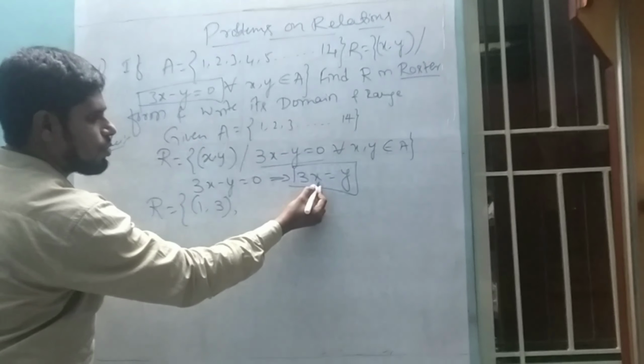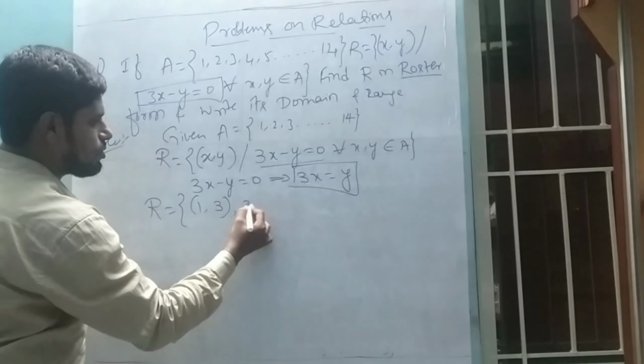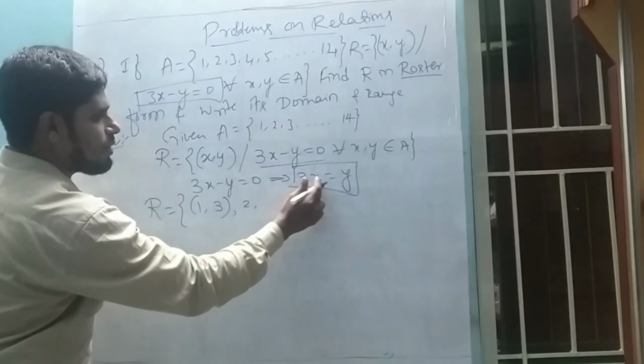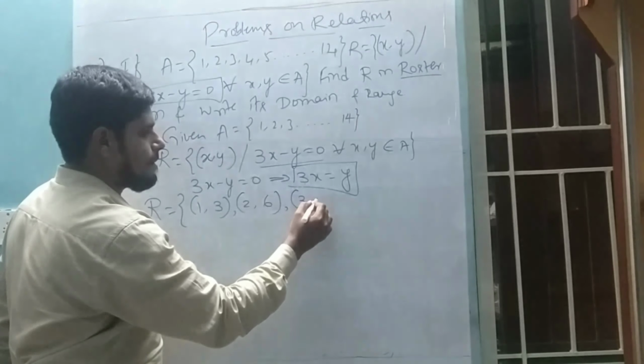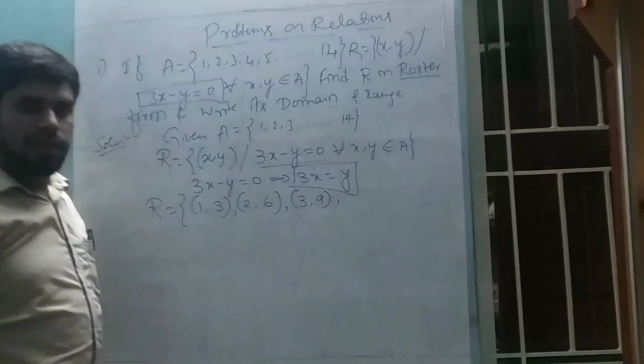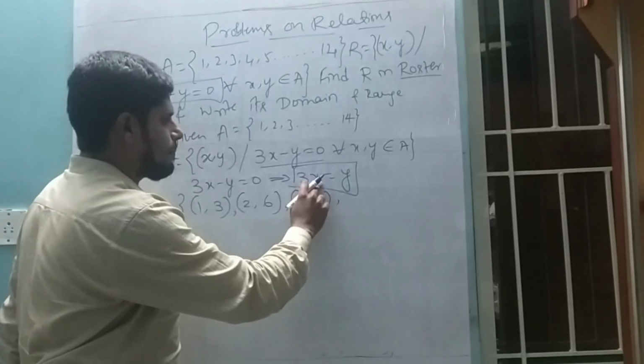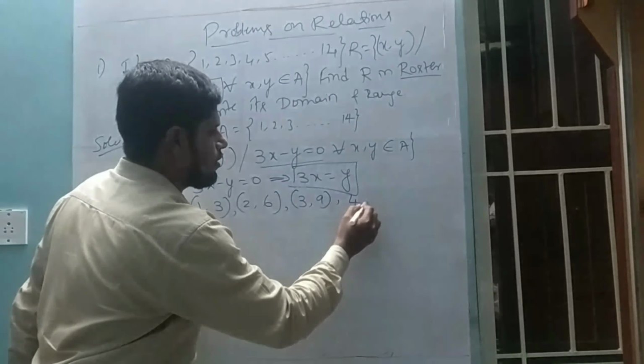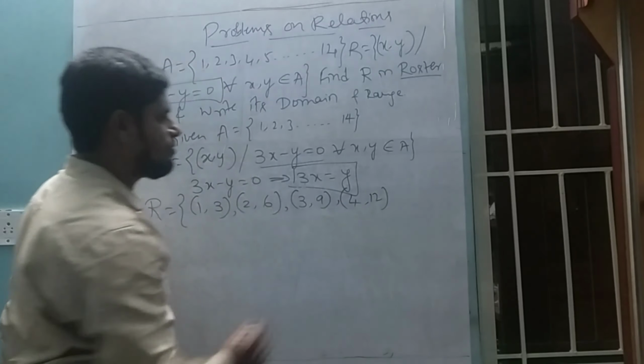If I put x equal to 2 here, 2 into 3 is how much? 6. That's the value of y. Next, if I put x equal to 3 here, 3 into 3 is 9. That is the value of y. Next, if I put x equal to 4 here, 4 into 3, that is 12. y is 12.